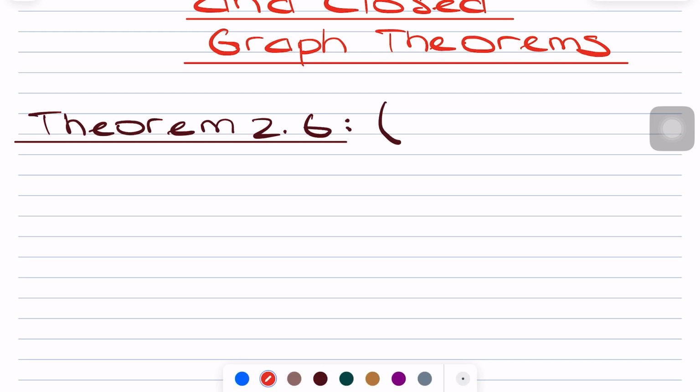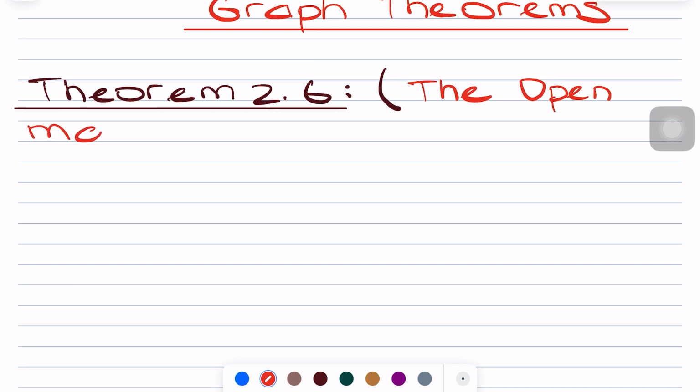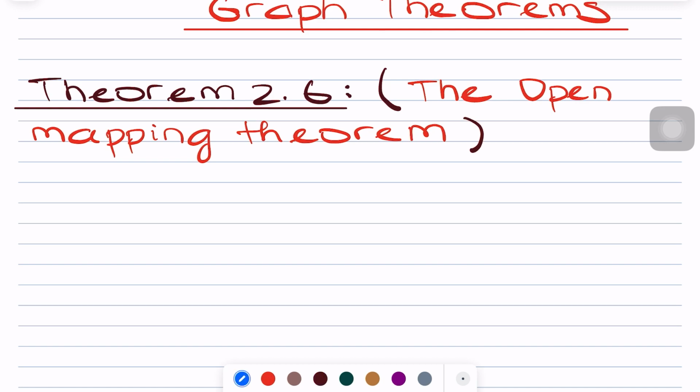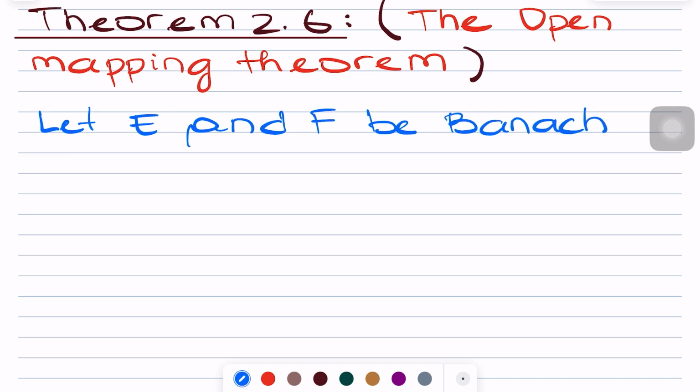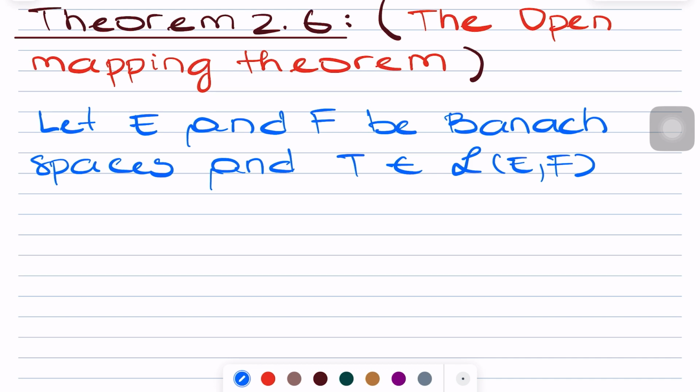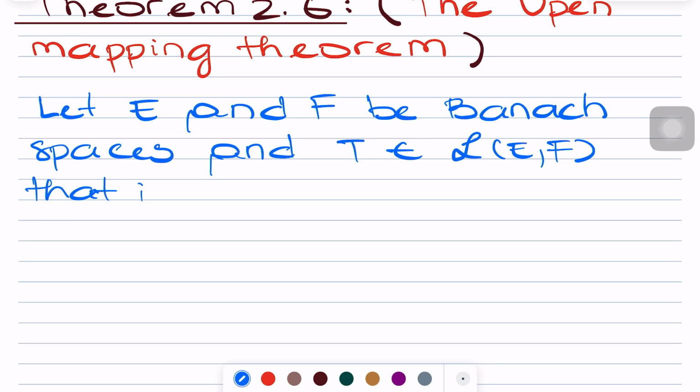The open mapping theorem. Let E and F be two Banach spaces, and let G be a linear bounded operator from E to F that is surjective.